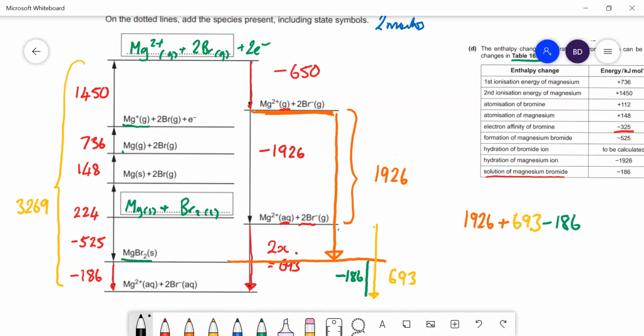And that is equal to 2,433. And we need to give it a sign. Well, the arrow is going down, that's our orange arrow, that one there. It's going down, so it's minus. So the answer is minus 2,433 kilojoules per mole. That's quite tricky and quite confusing.